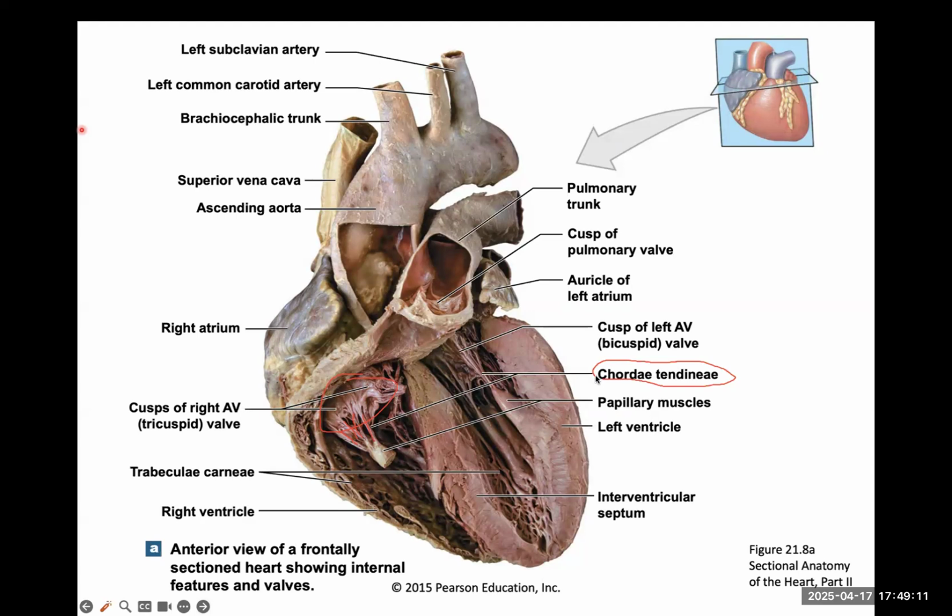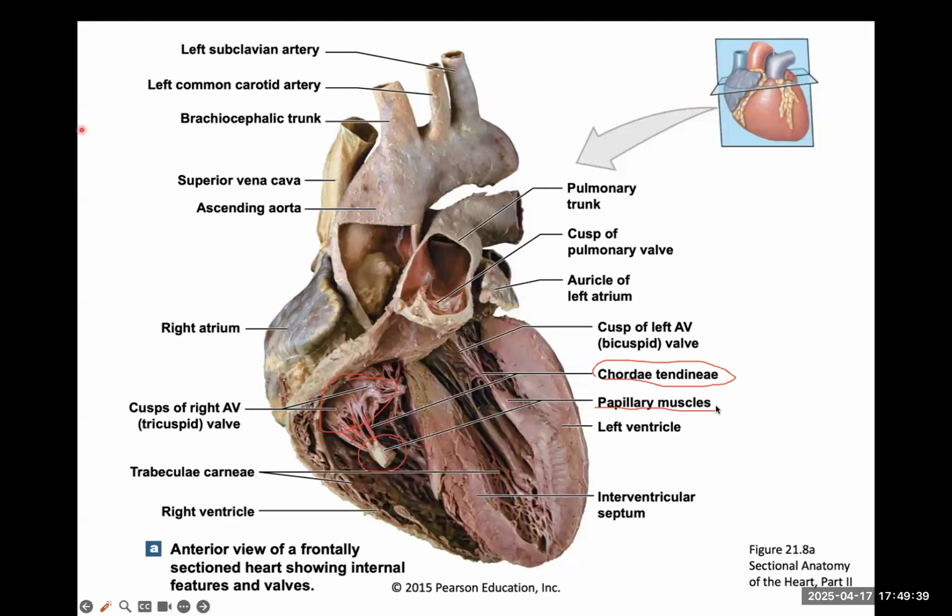These cords are connected to this muscle here, and this muscle is called the papillary muscles. What's happening here is that these papillary muscles will pull on the cords to give the valve more tension depending on how fast the heart is beating. Sometimes your heart is beating so fast that you need to pull the valve a little bit, and that's what these structures are.